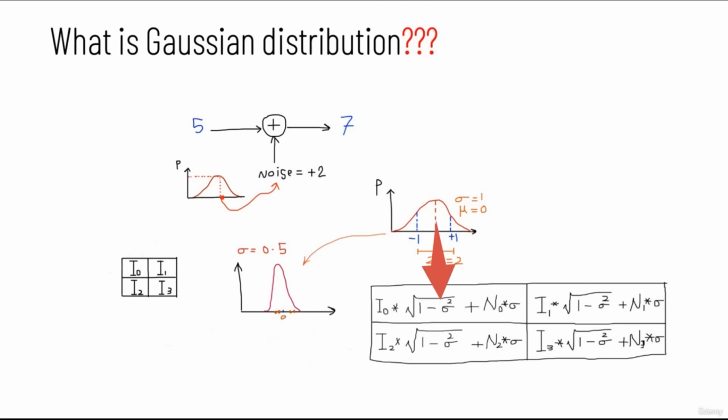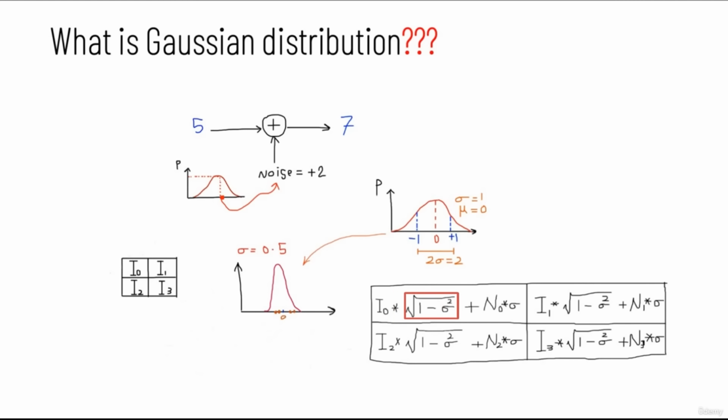So, when we increase the standard deviation, actually its value should be between 0 and 1, the value of n0 times the standard deviation will be larger. So we will add large noise to our I0, to our original information.